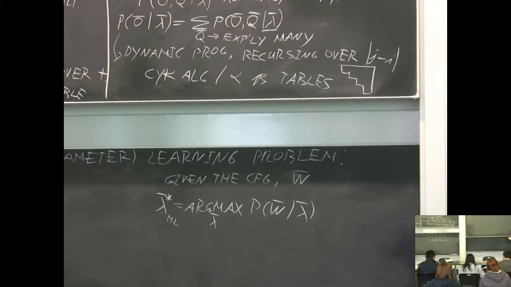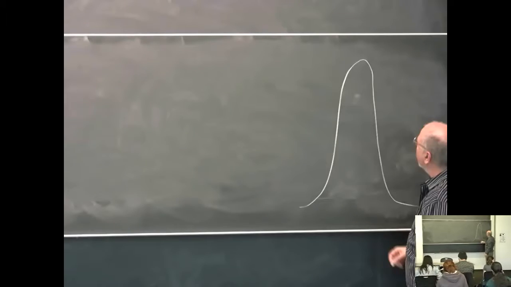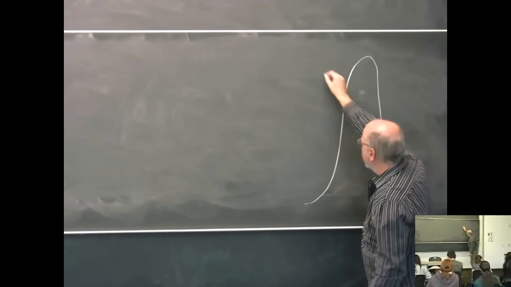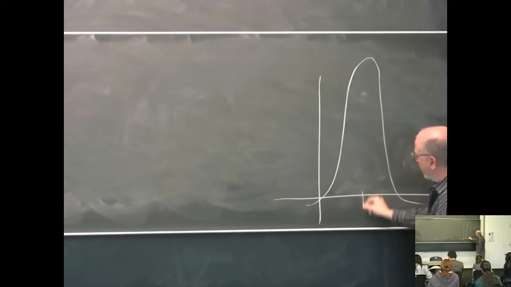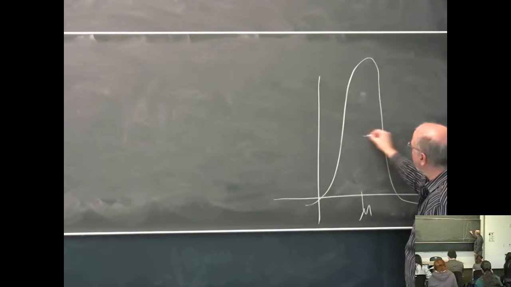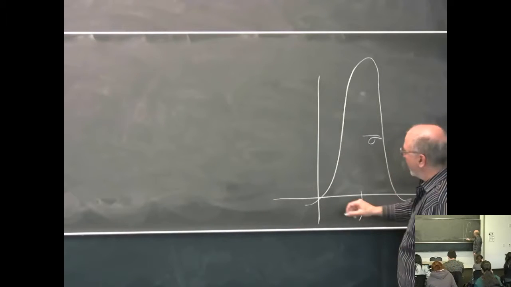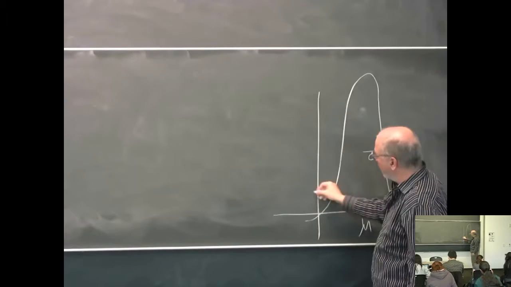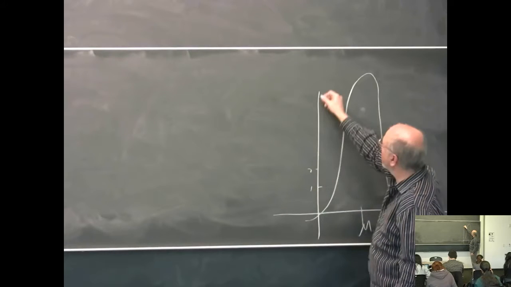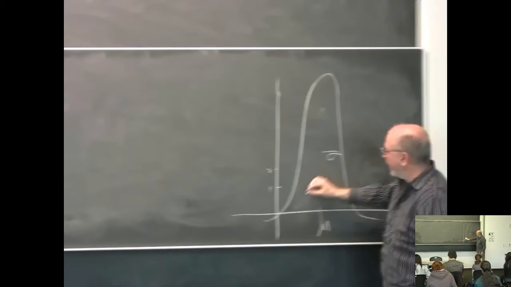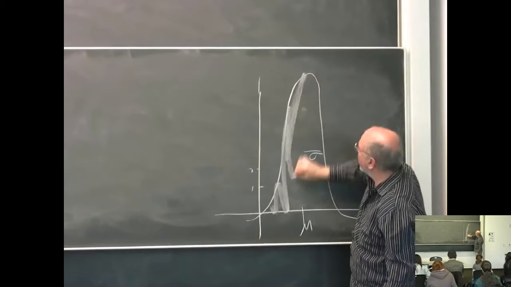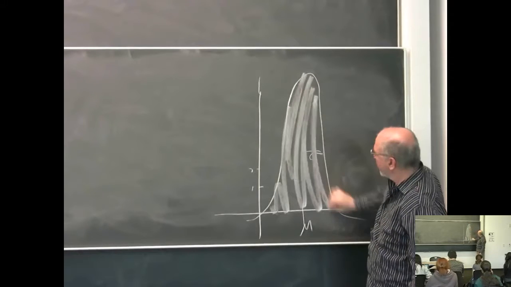In a probability density function, here's a very big Gaussian. Let's say this is the origin. Here's the mean of that Gaussian. Here's the standard deviation of that Gaussian. 1 could be here, and 2 could be here, and this could be very high. Why? Because what's important is that the area here sum to 1.